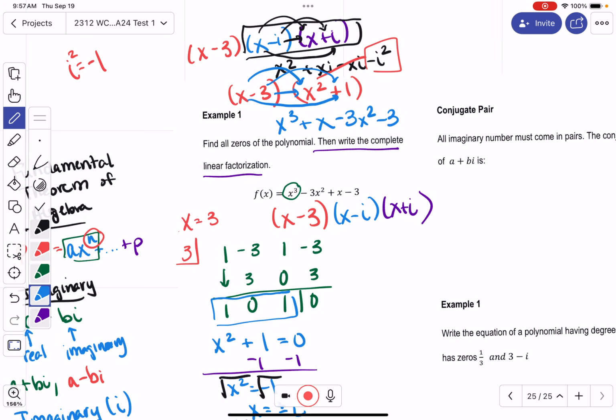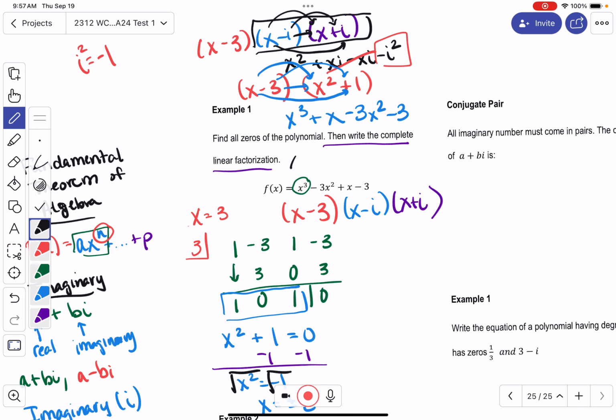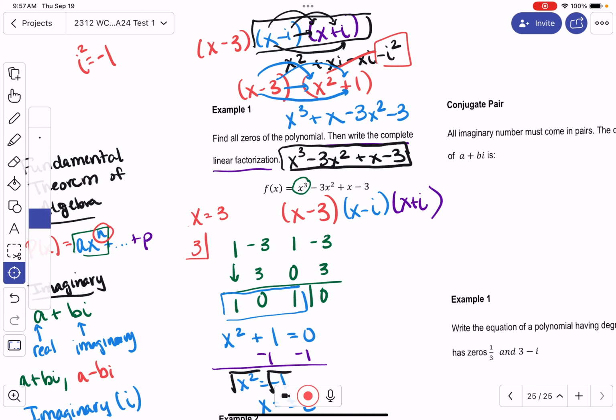If I rewrite that in standard form, I get x cubed minus 3x squared plus x minus 3. And that shows that this term right here is the linear factorization of this polynomial.